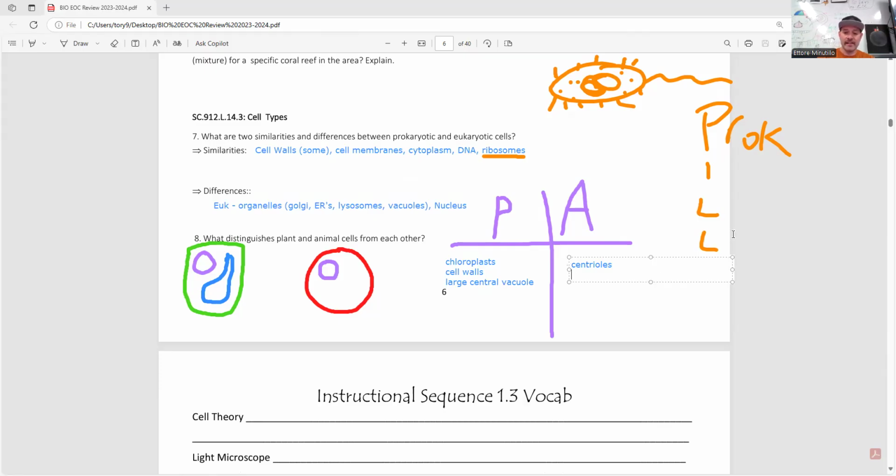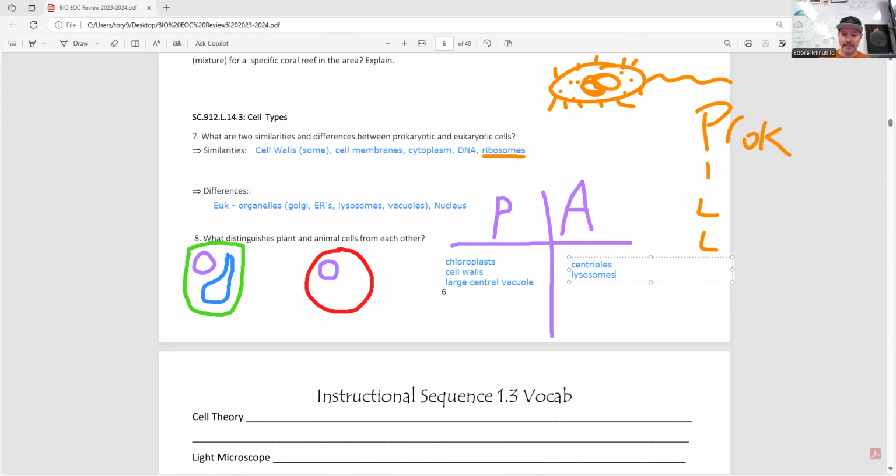Another thing for animal cells, lysosomes. Now, technically, I was digging around in our AP book. I found that most plant cells don't have lysosomes. They found lysosomes like in the root cells of a certain type of onion. But if we were to look at plant cells in general, we wouldn't find them there. So these are two major differences of things that animals have versus some things that plants have.